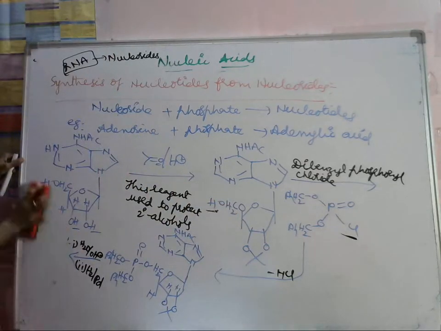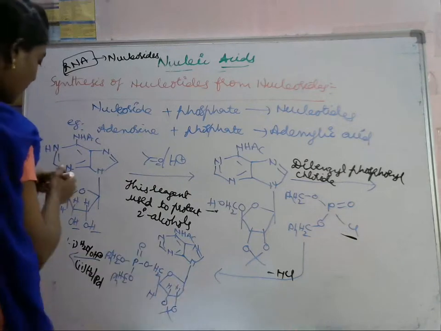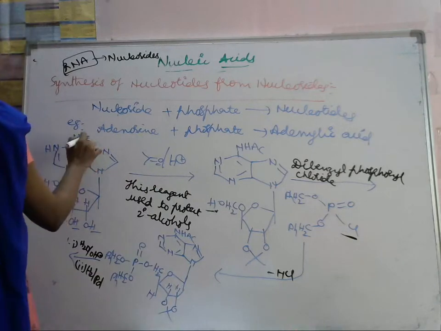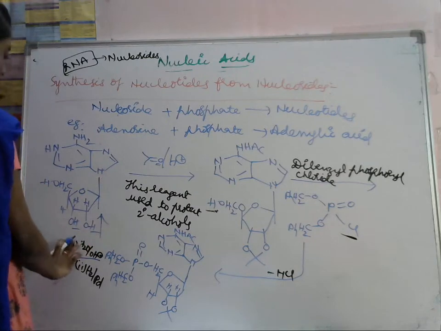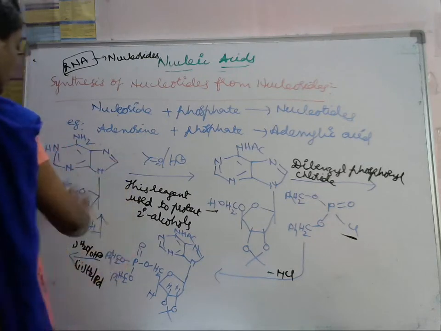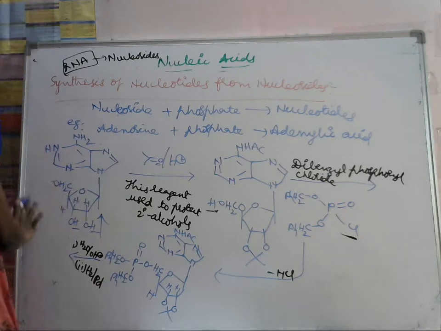So what will happen now here? Simple, I will write here. Not this one, don't continue with this one. This is another one, I will write here. So what will happen here? O is there, P double bond O, double bond O, OH.